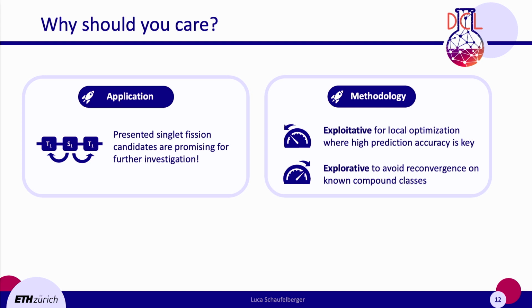If you're more interested in the methodology, we've extended the usual genetic optimization pipeline to two different settings: an exploitative one for local optimization where high accuracy in your optimization pipeline is key, and an explorative one that you could use to avoid reconvergence on already known classes, for example, in an active learning setting.